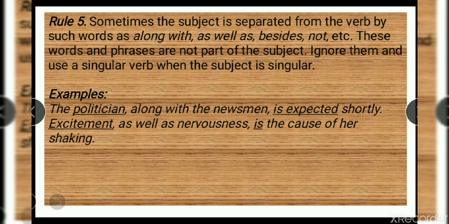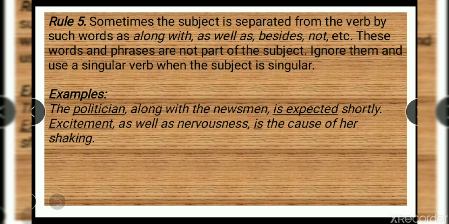Rule number 5. Very simple. When two or more subjects are joined by as well as, like, unlike, besides, in addition to, with, together with, along with, and so on, many such words, then the verb is used according to the first subject.